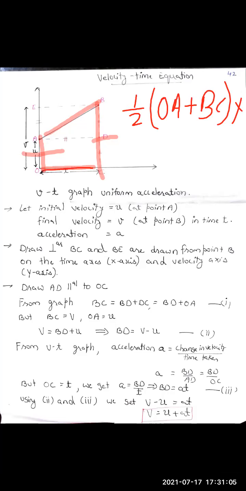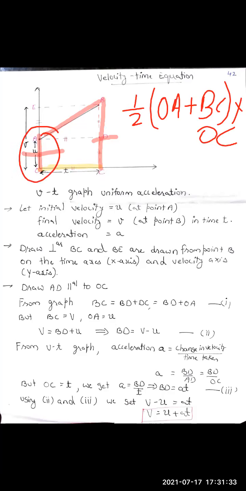Between OA and BC, OC is the perpendicular distance. So you will multiply it with OC. Right?